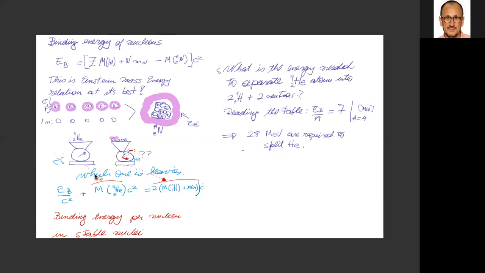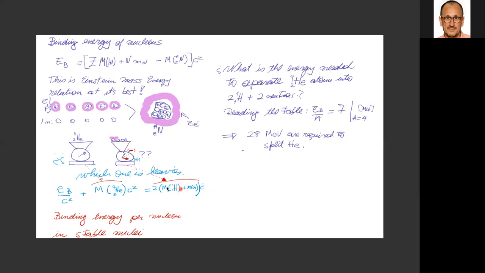So in this particular case, what I have here is exactly the same expression. Here I have the mass. I actually wrote this on this side only. I have the mass of the nucleon here, and the mass of the components here.